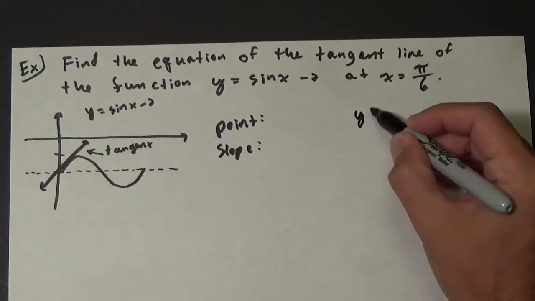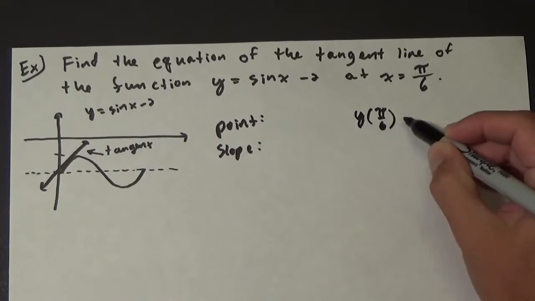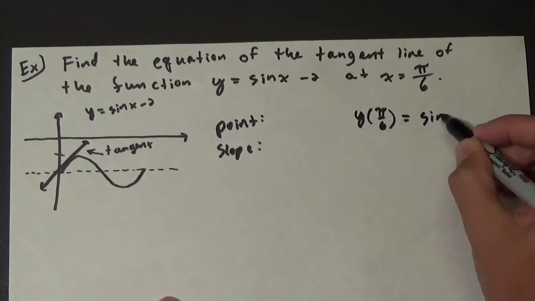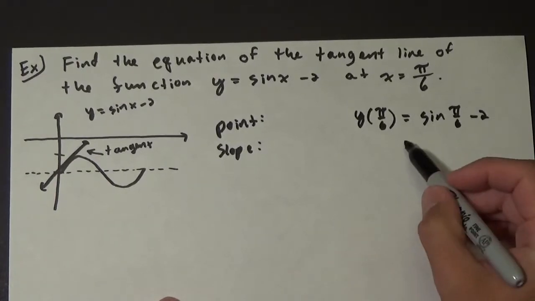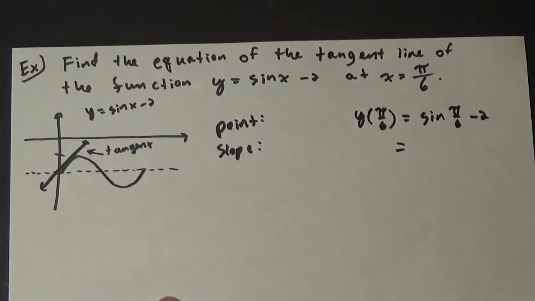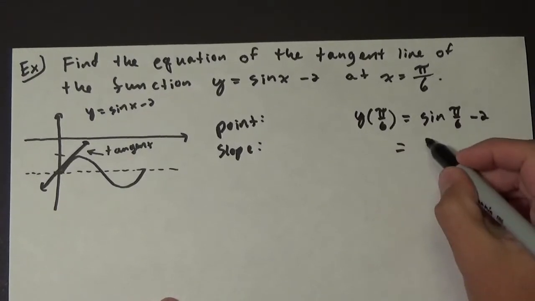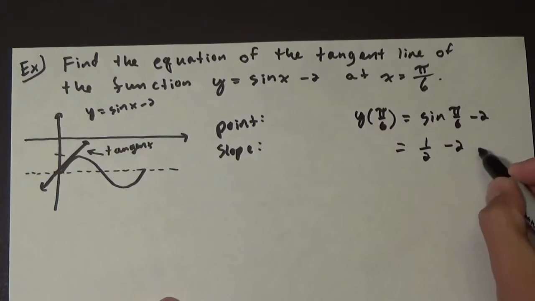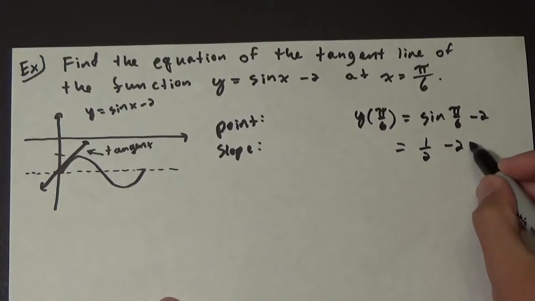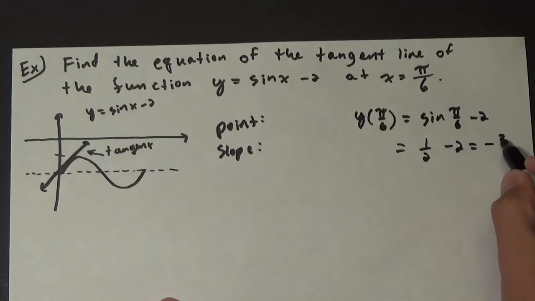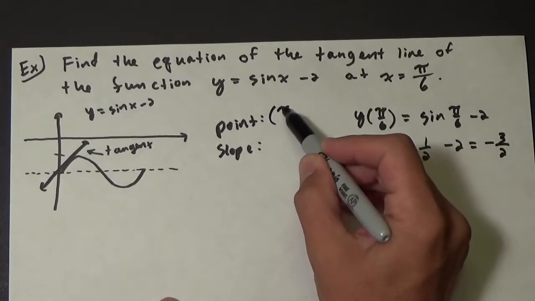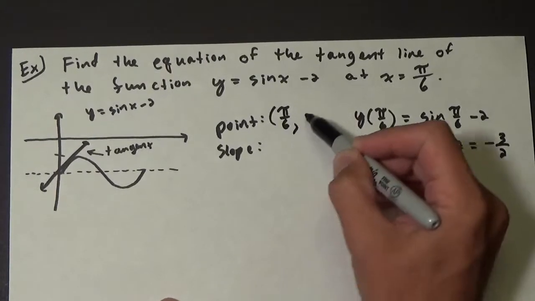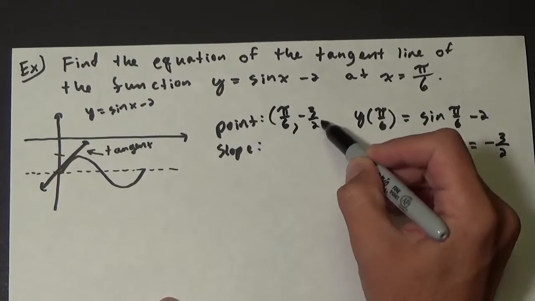So y of pi over 6 is going to be the sine of pi over 6 minus 2. We do have to remember our unit circle. The sine of pi over 6 is 1/2, minus 2. So this ends up being a negative 3/2. So our point is going to be pi over 6, negative 3/2.